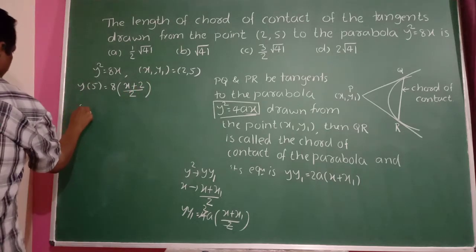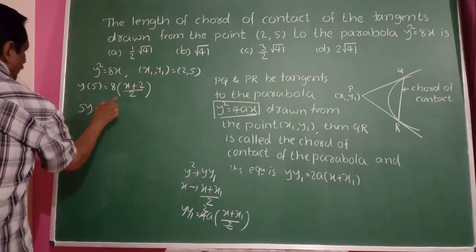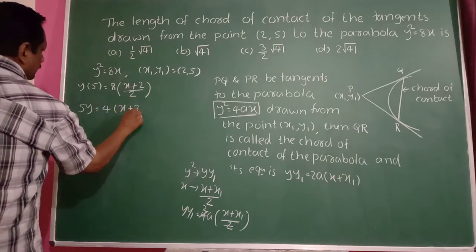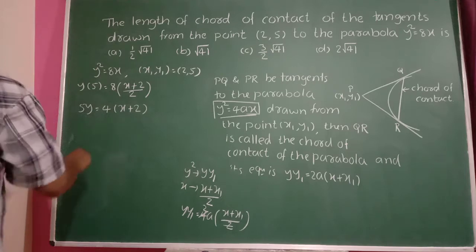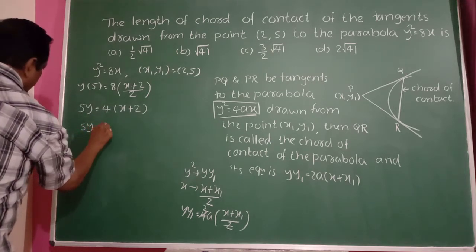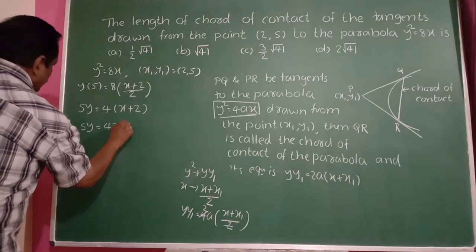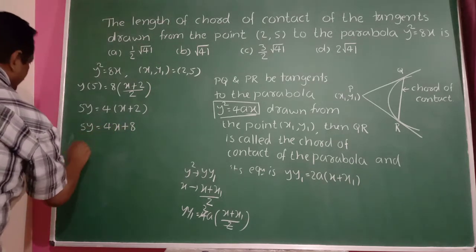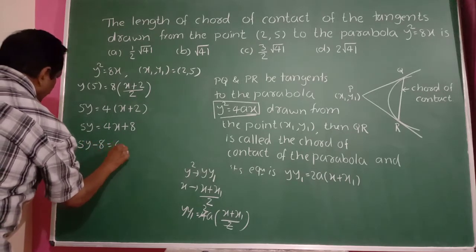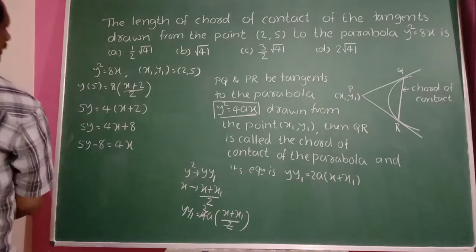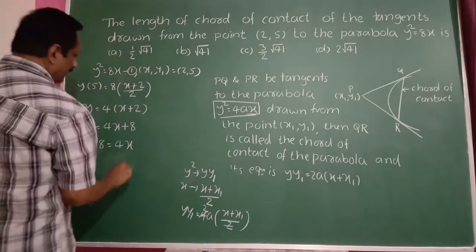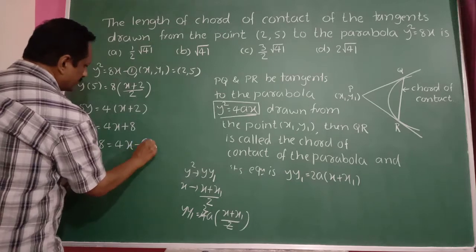Therefore 5y equals 2 ones are 2, 4s are 4, into (x plus 2). Then take 4 inside the bracket: 5y equals 4x plus 8. Take it to the left side: 5y minus 8 equals 4x. Take the equation of the parabola as equation 1, and this one as equation 2.